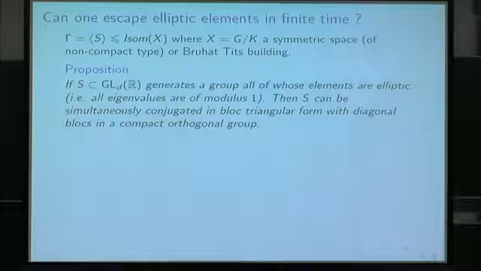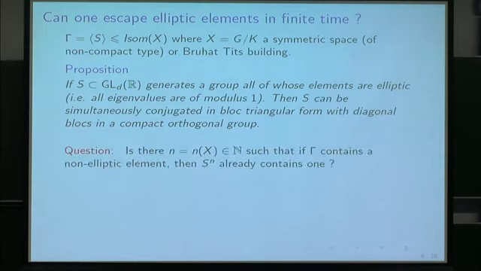Then you can be simultaneously conjugated into a block triangular form where the blocks are contained in some compact orthogonal group. So in particular, if you are acting irreducibly on R^d, then you must be conjugate inside SO_d.